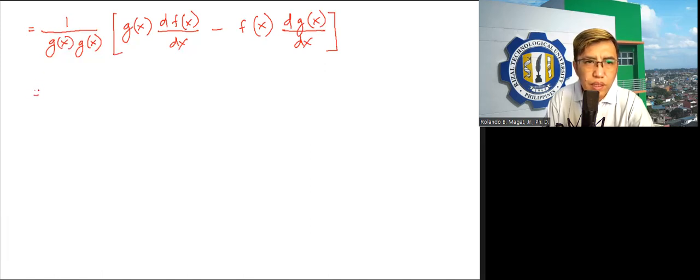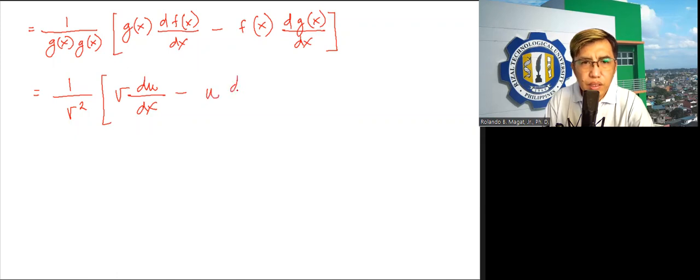So what we have here is, we can simplify this. This would be 1 all over, we know that g of x is v, so that would be v squared, di ba? Times, this would be v. Ang f of x is u. So du all over dx minus u, then the derivative of v.